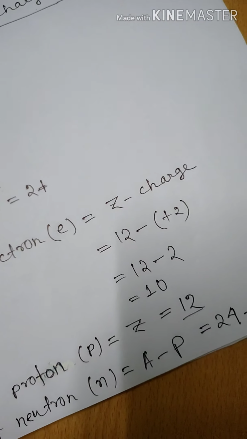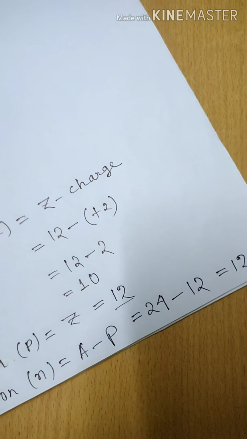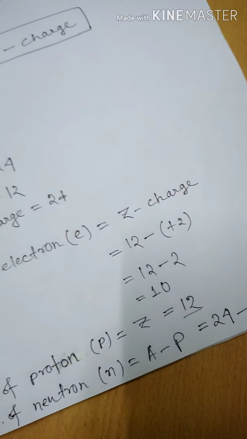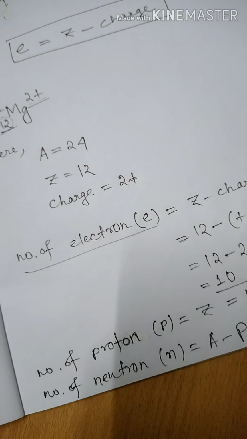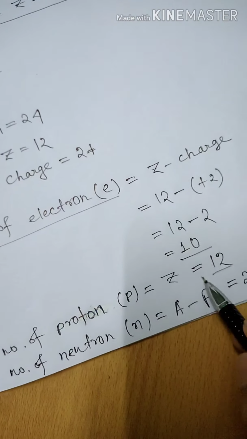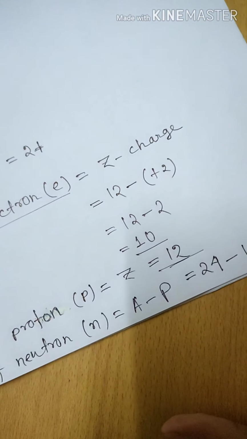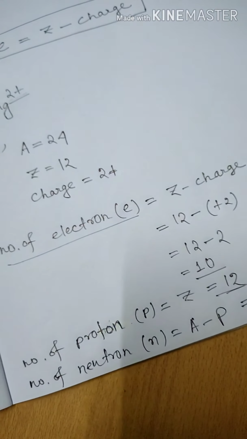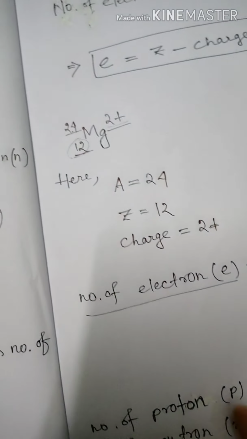So 24 minus 12 is 12. Now we have got the number of electrons is 10, the number of protons is 12, and the number of neutrons is 12. So we have calculated the number of electrons, protons, and neutrons present in this atom.